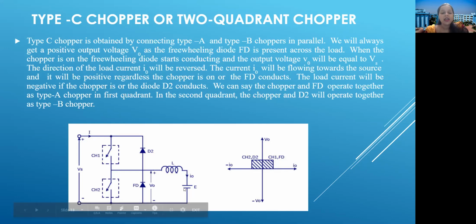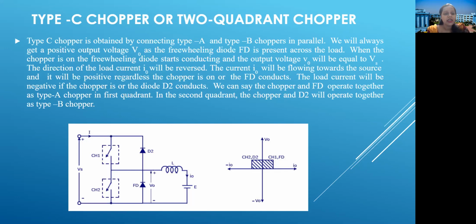This is type B chopper or step up chopper. So whenever we connect one step up and one step down chopper in parallel, that is type C chopper. A type C chopper is obtained by connecting type A and type B chopper in parallel.